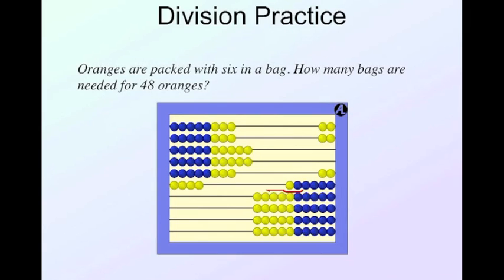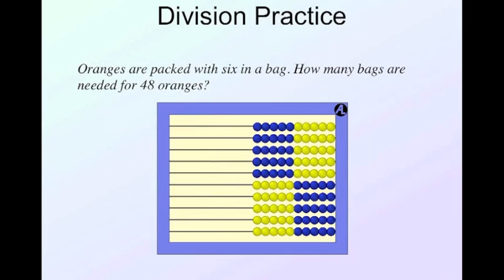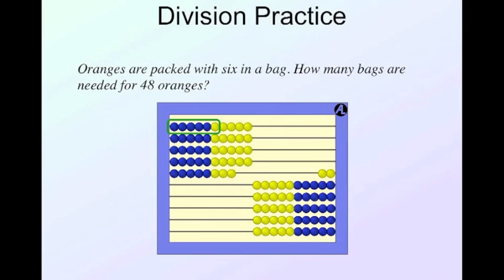And I get myself 6 rows here. Take and give. And there we go. So how many oranges will fit in my 6 bags? I can see that I have 8, which of course I can write as 48 divided by 6 equals 8.